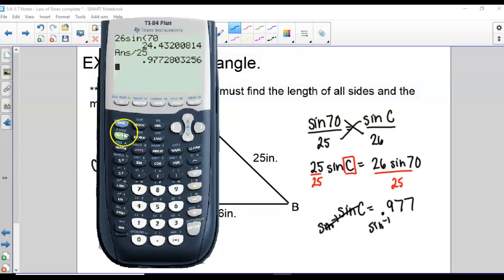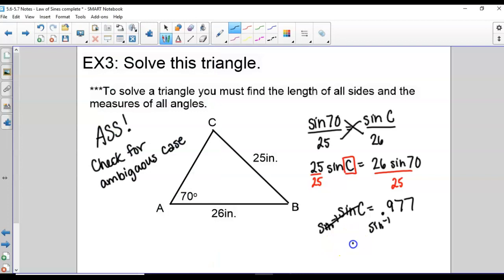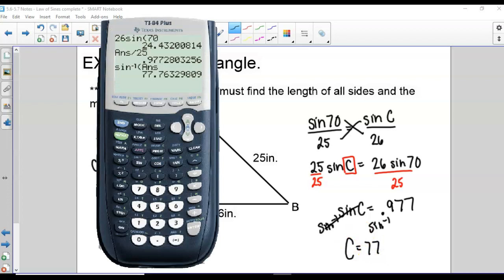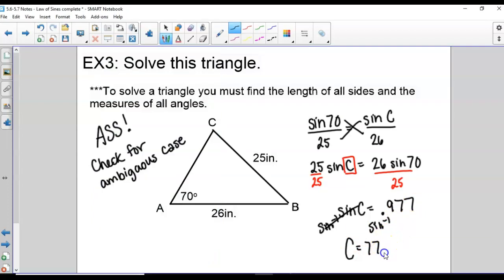And so we will do sine inverse of, and then you can press second and the negative key, and it just puts the answer there so you don't have to retype it. And so we get C equals 77.763 degrees.